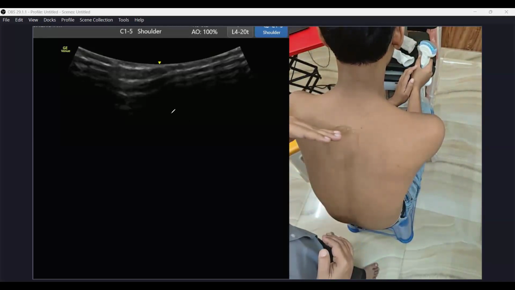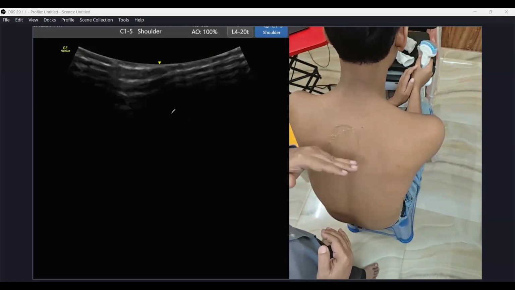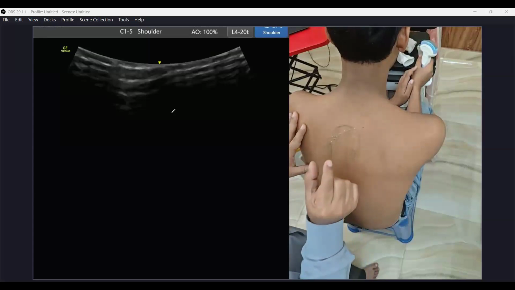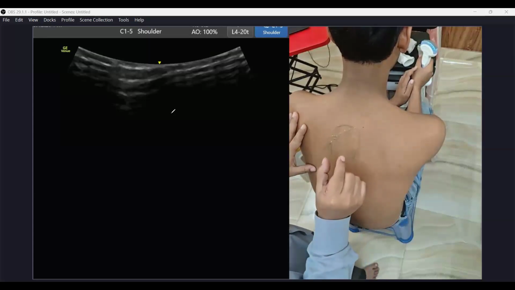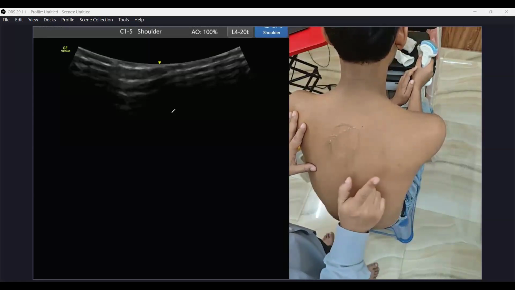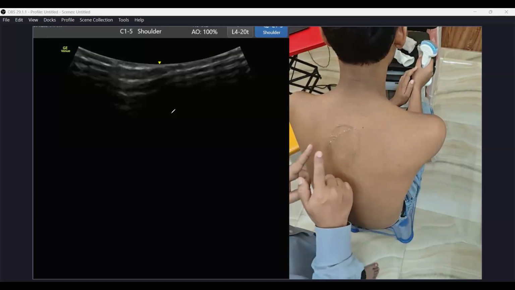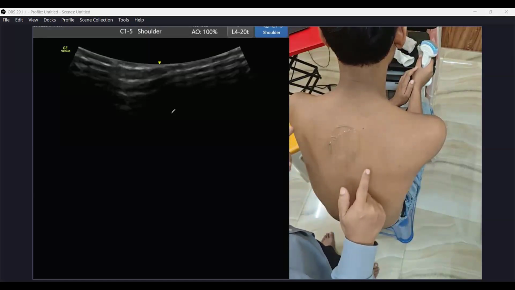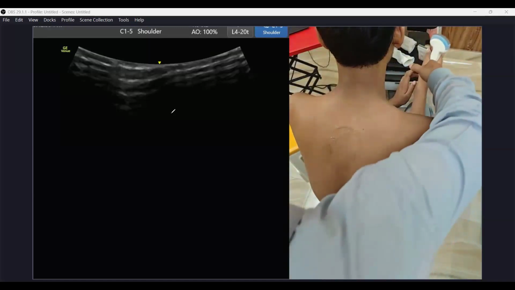So one is the interlaminar view, one is the over the lamina view. If I go over the lamina, then I can see the lamina and the root of the base of the spinous process, not the whole spinous process. And I will see up to the transverse process. But let me see first.